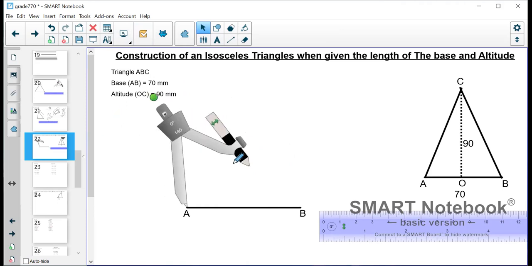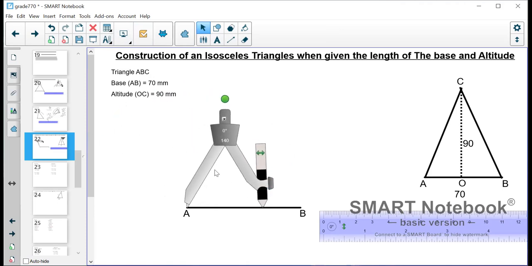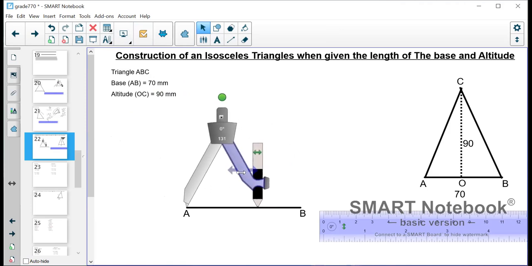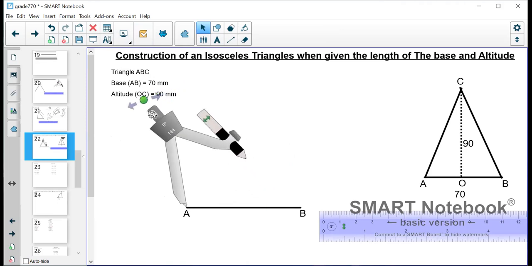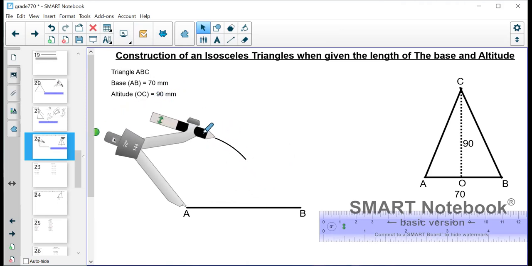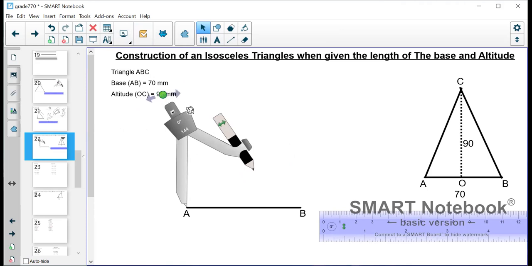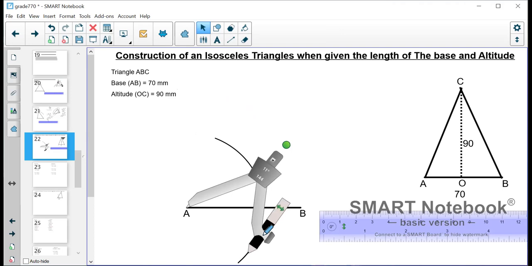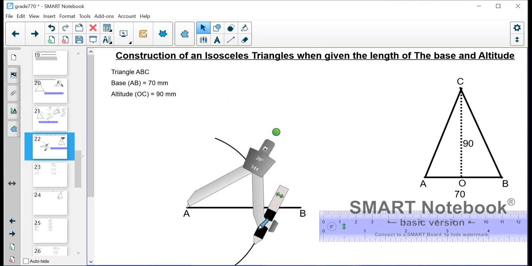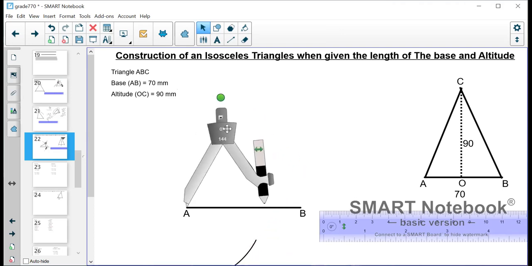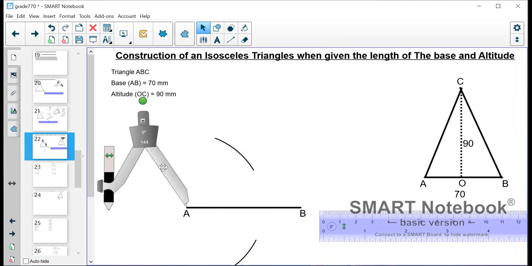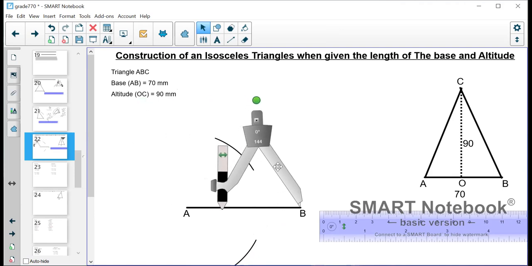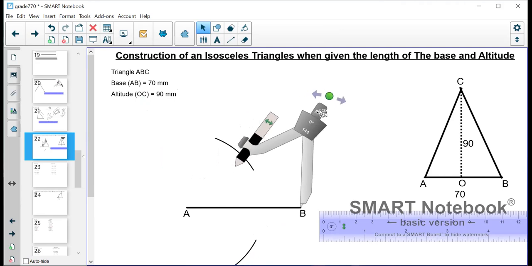So we scribe our arcs. Before we scribe the arc, we of course need to place the point of the compass at A and open the pencil point to more than half. And then we scribe arcs above and below. And of course, with the same measurement, we go from B and we intersect those two arcs.